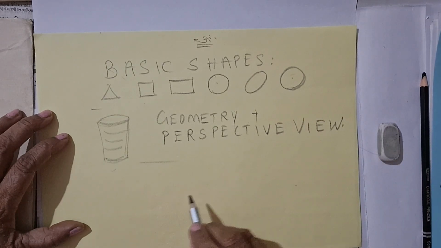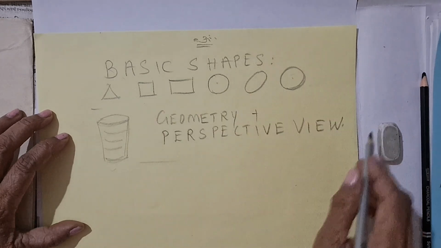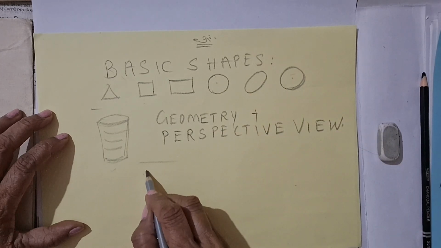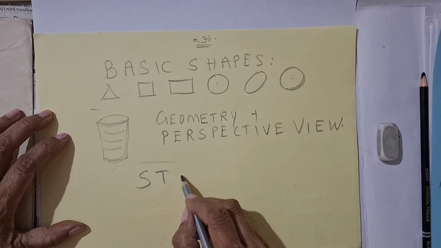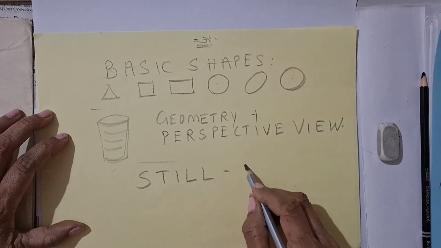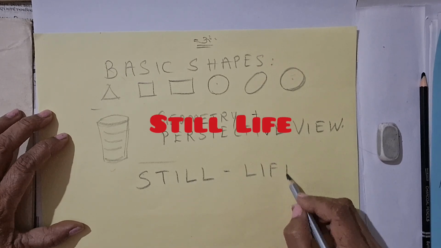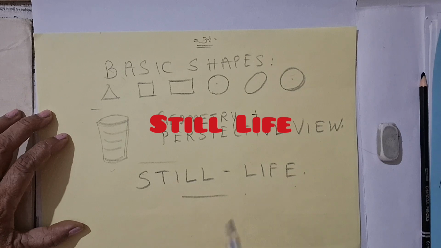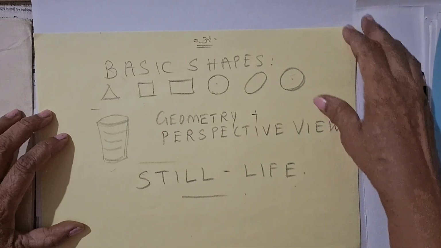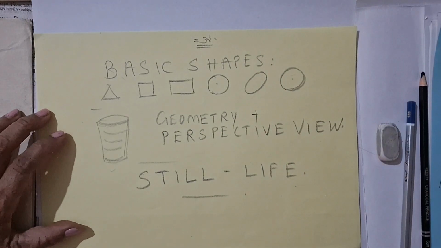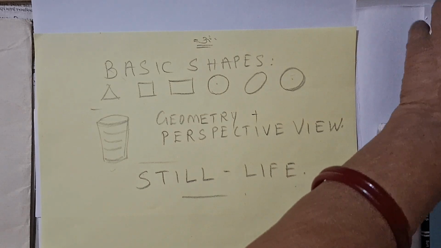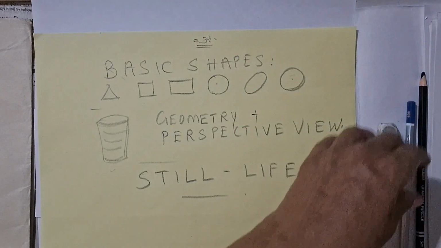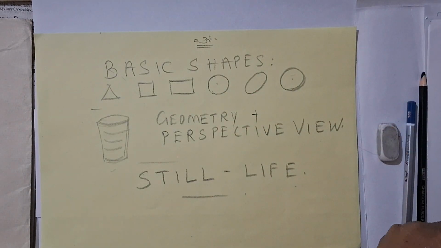Now, I had mentioned to you that all these come under the topic still life. Now, what is still life? It is one of the topics, a very important topic.